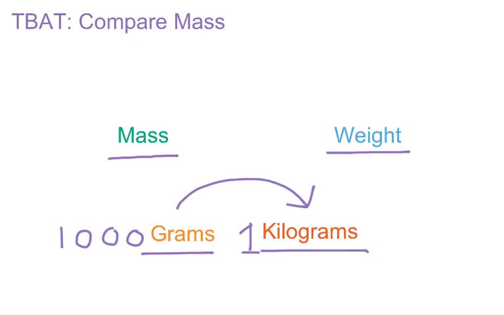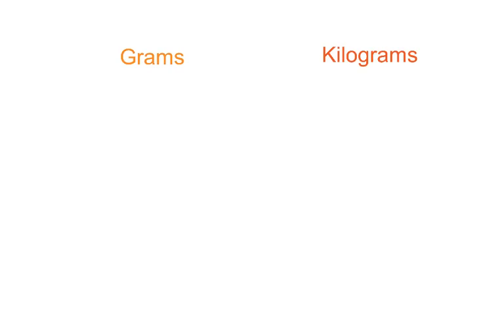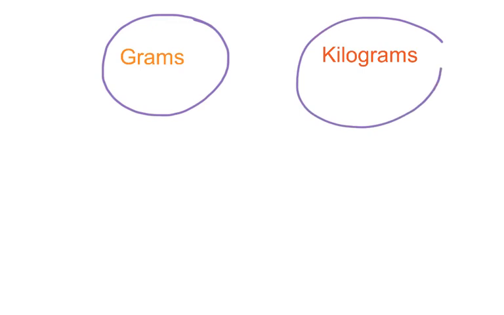But first of all, we're going to look back at the word mass, which again, remind you, refers to the weight of an object. So let's not forget grams and kilograms, and just like I said, there are 1,000 grams in 1 kilogram.